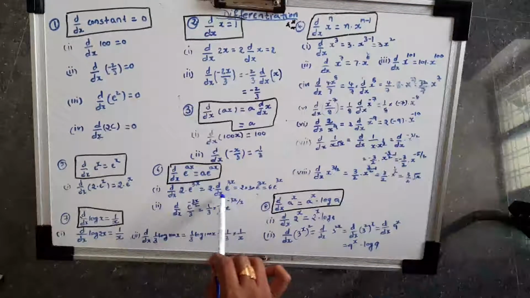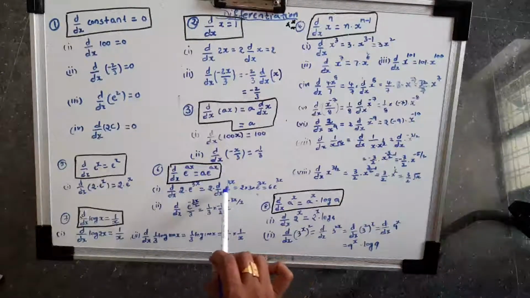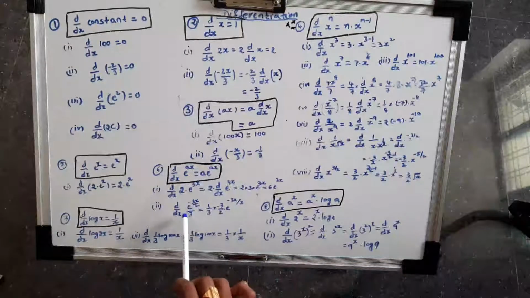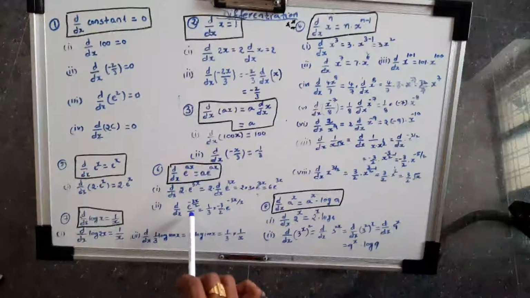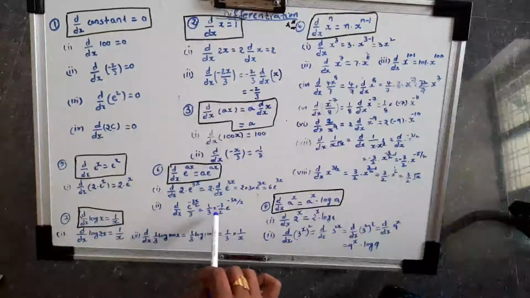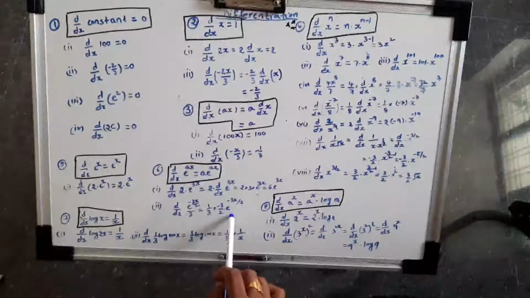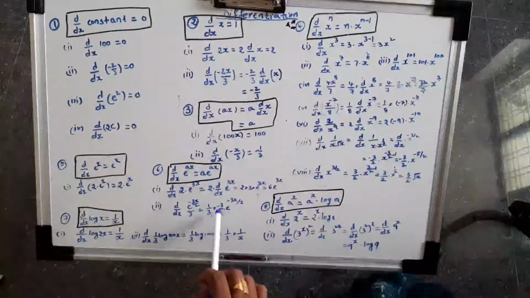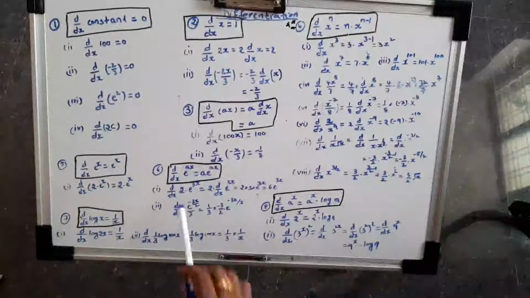So 2 into 3, in place of e power ax we write a first, and e power 3x as it is: 6 e power 3x. Next, e power minus 3x by 2, with 1 over 3 outside: minus 3 by 2 into e power minus 3x by 2. Why? Because the constant before x is minus 3 by 2, so we write it outside with e power minus 3x by 2. This is the sixth problem.